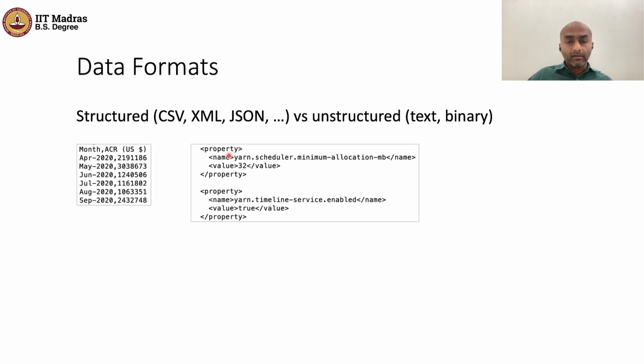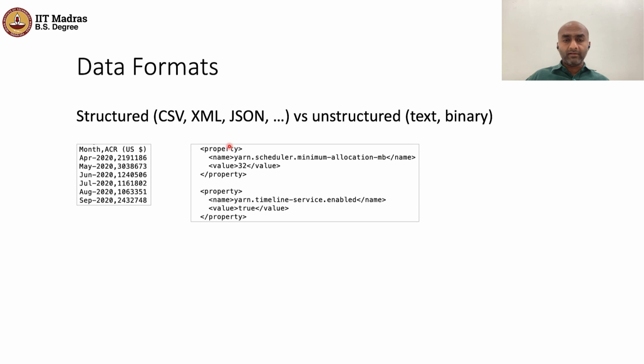So a human who looks at this can infer that the value mentioned here, 32, is actually the value of this property name. And the property name is yarn.scheduler.minimum-allocation-mb. In fact, you can even deduce that 32 is a number whose units are very likely to be megabytes, right? That's what MB refers to in this particular context.